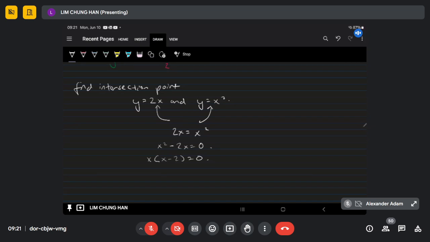So therefore, what is x and y? Well, there are two possible values, right? x equals 0, and x equals 2. Therefore, when x equals 0, what is y?